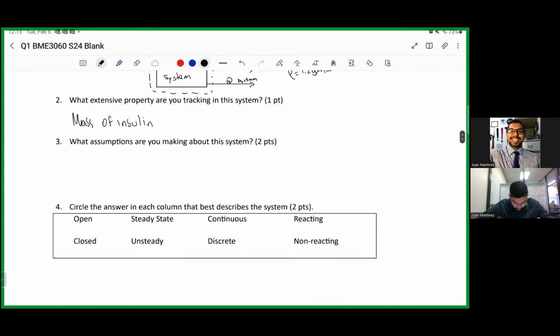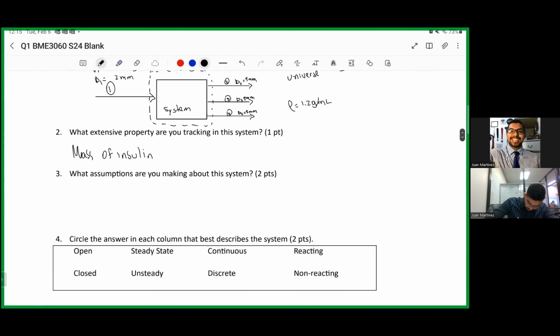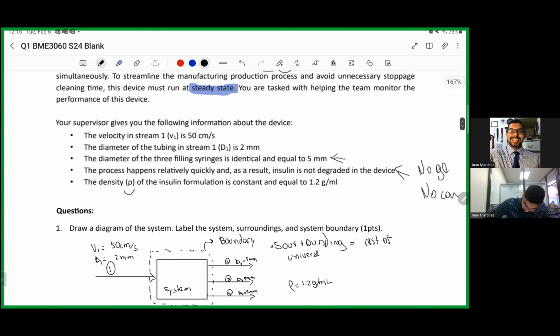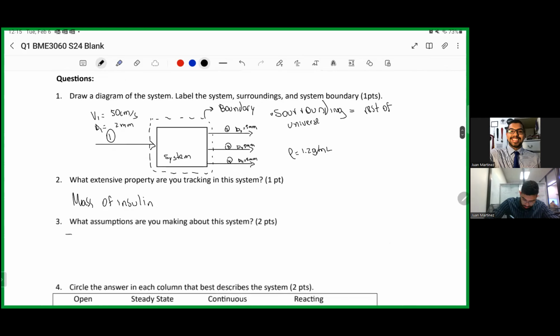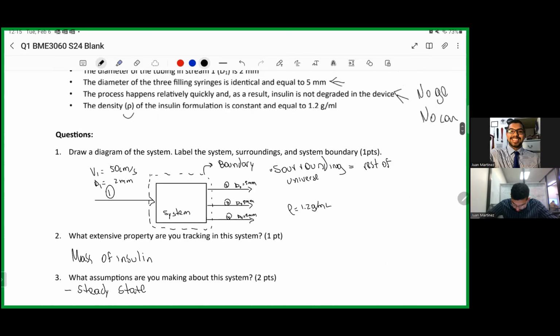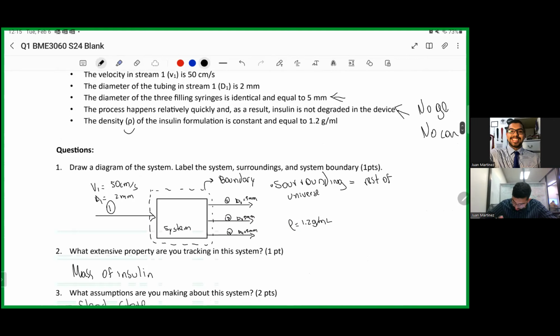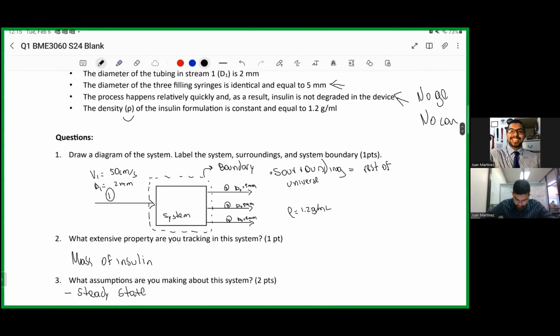What assumptions are you making about the system? Okay, so we're talking about them. The first one that we can make right away is steady state, okay? Because the problem states steady state. Additionally, we had another one: no generation or consumption.